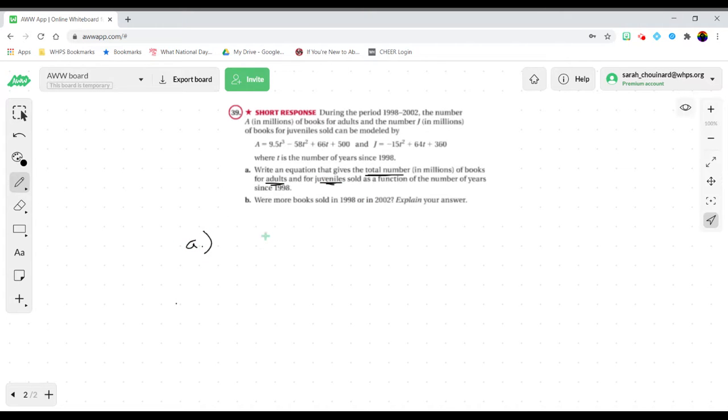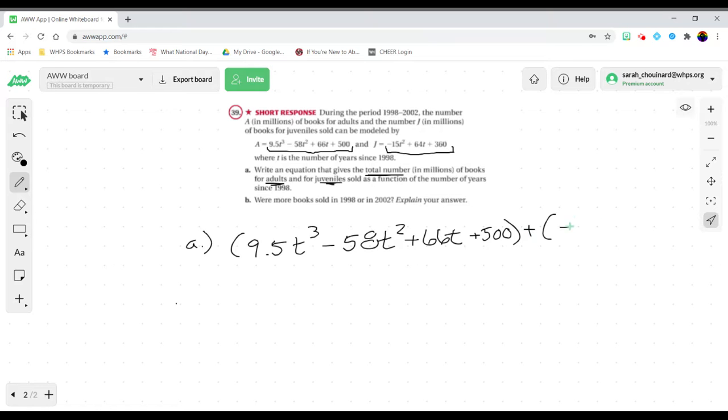So for A, all I need to do is take the adult equation and add it with the juvenile equation. So I have 9.5t cubed minus 58t squared plus 66t plus 500 being added with negative 15t squared plus 64t plus 360.